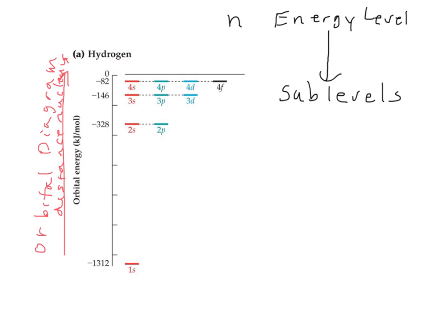It turns out, however, that this energy diagram creates a little bit of an illusion, because if we look at this energy diagram, it appears that all of our sublevels have equal energy. In reality, there's a difference in energy between the sublevels, just like there is between the energy levels.